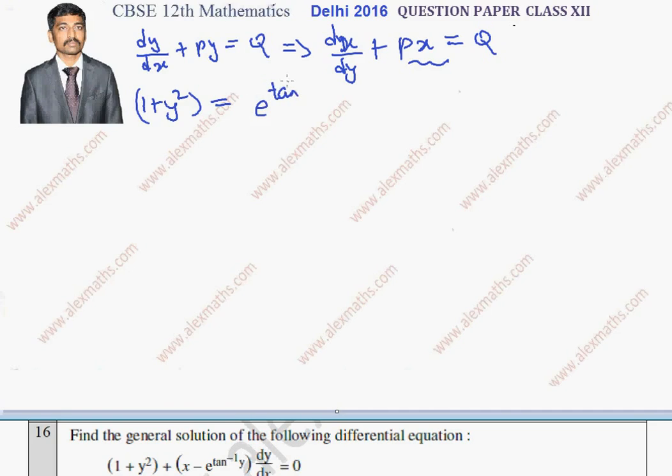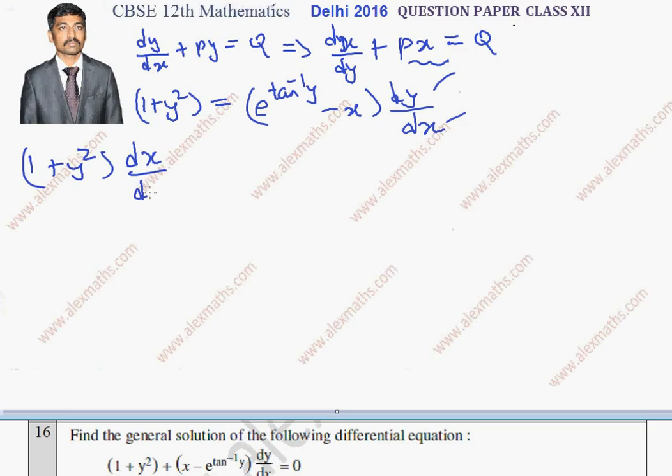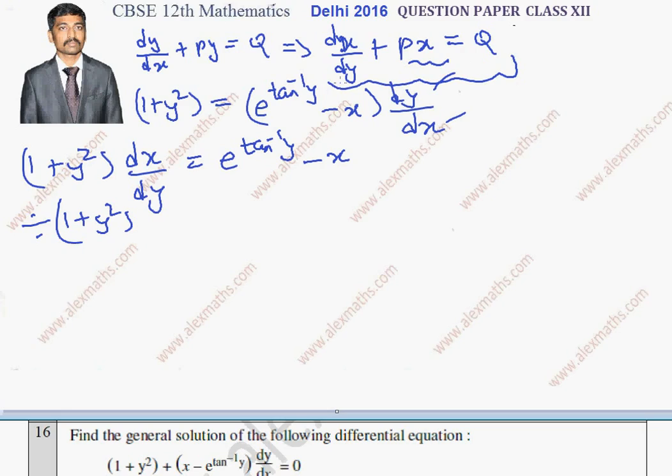So e power tan inverse y minus x into dy by dx. I took the minus inside. Now this dy by dx I will carry to this side. So it is going to become dx by dy equal to e power tan inverse y minus x. So I can divide throughout by 1 plus y square, then only I will get this form.